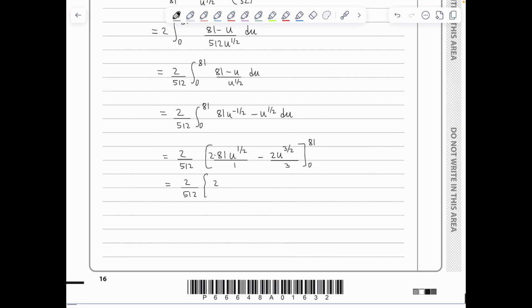So this is 2 times 81 times 81 to the power of a half minus 2 times 81 to the 3/2 divided by 3. Now if I substitute the lower limit of 0, we can see that both of these are 0, so there is no contribution from the lower limit, so minus 0 here. And if I plug this into the calculator, I get an answer of 243 over 64.